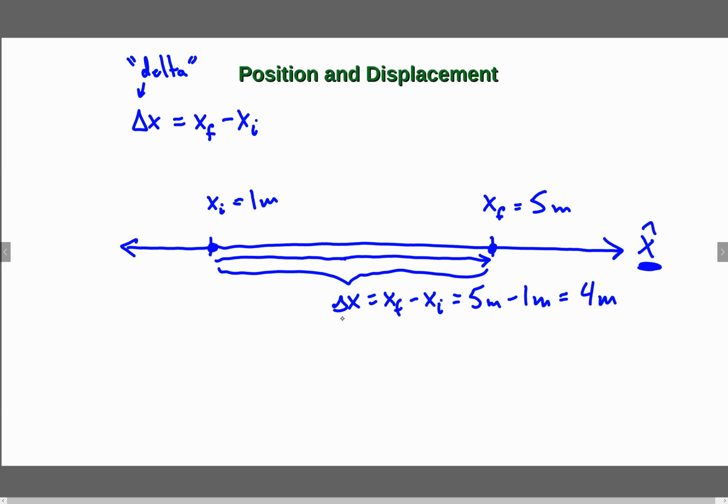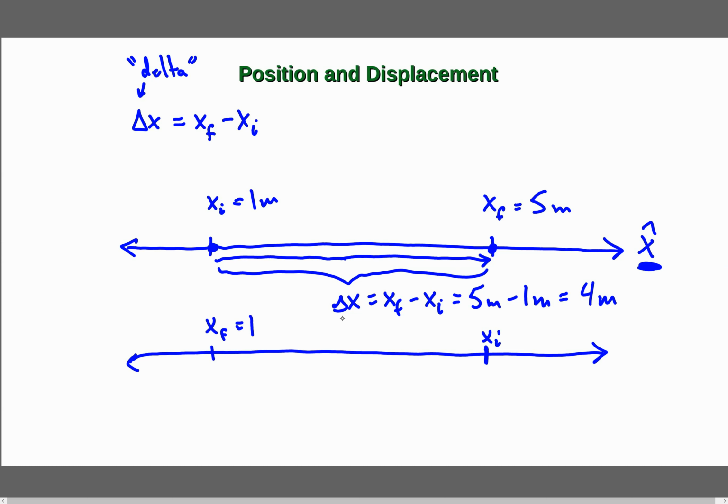You can imagine, by contrast, if we had the same motion, but now we went from x initial on the right to x final on the left, where x final is now 1 meter, and x initial is at 5 meters. Okay, so our origin might be somewhere here, 0.